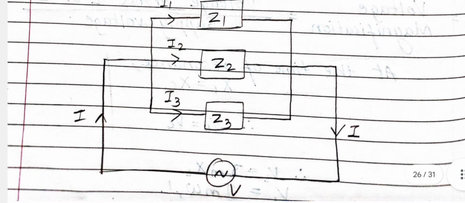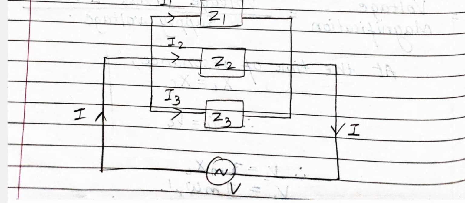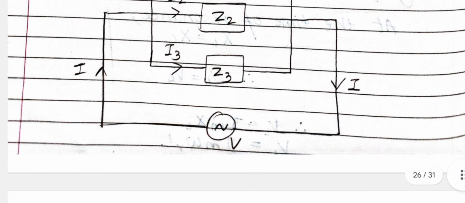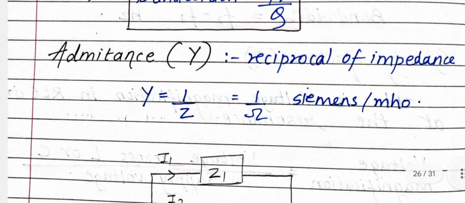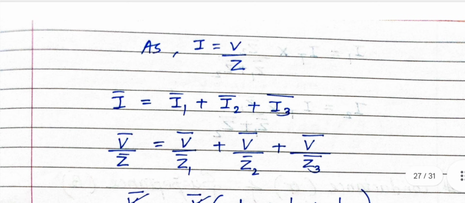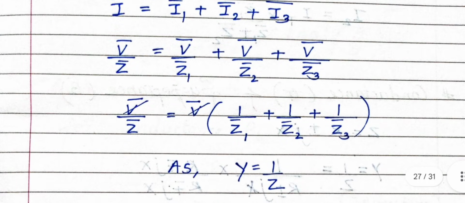Then you can draw this as Z1, Z2, Z3 in parallel, and I1, I2, I3. But still I would like to say that you just have to remember the definition and formula, because the definition is only ours. Otherwise this is the parallel concept for 3, and you can write I is equal to V by Z. Just as we do in parallel or series, I is equal to I1 plus I2 plus I3.